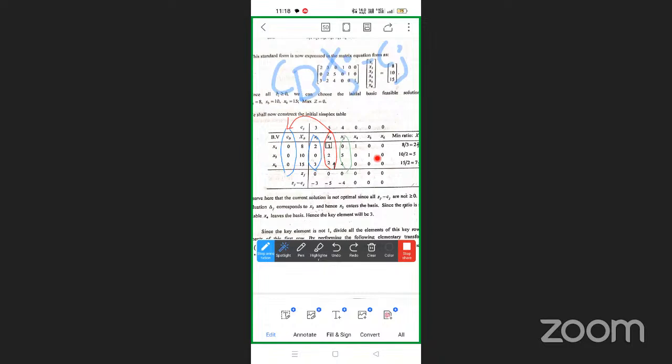So the delta J formula is delta J equals CB into XJ minus CJ, which is the summation of CB into XJ, adding all these terms.